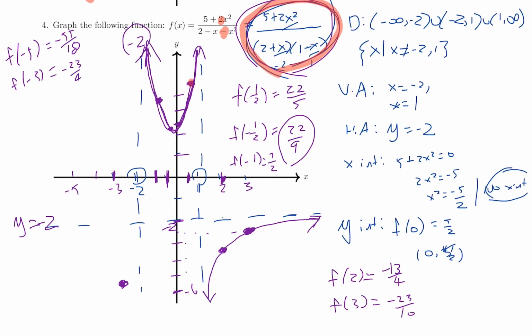How about -55 over 18? We can think of 18 times 3 giving us 54. So this is a little smaller than -3. So around -3 is right here, -3.